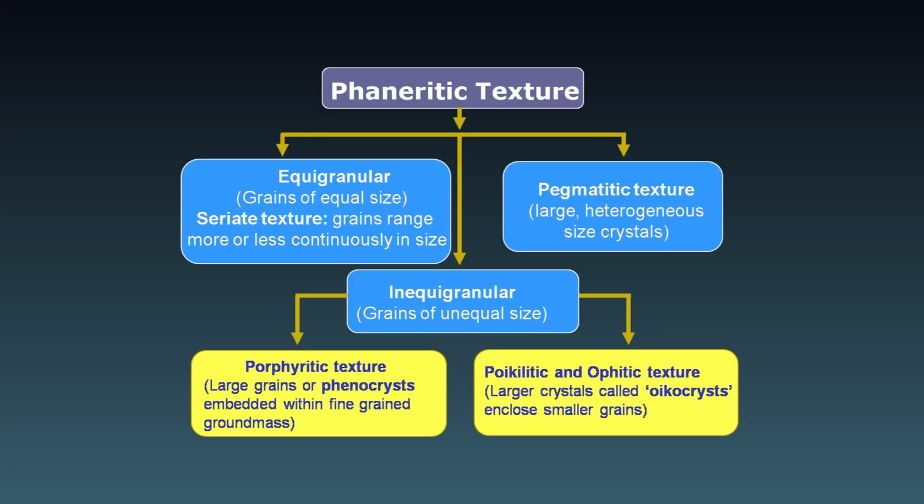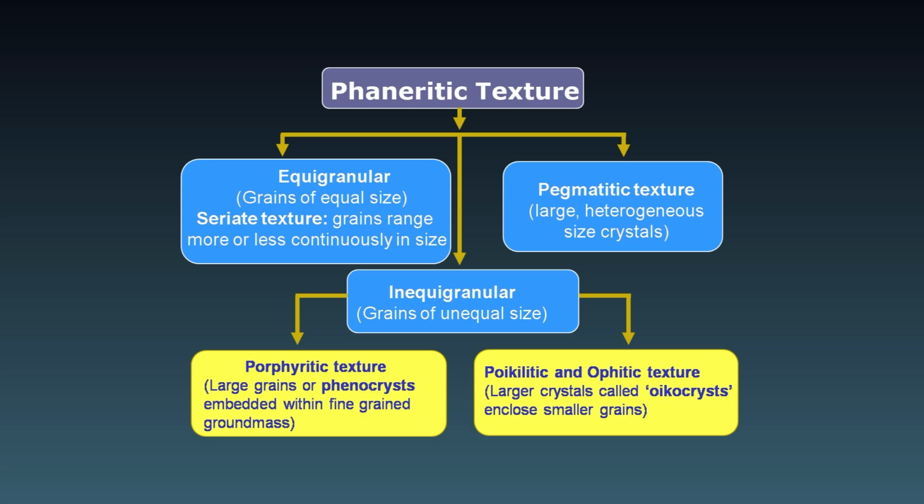Now, phaneritic texture is subdivided into three main categories: equigranular, inequigranular, and pegmatitic. In equigranular texture, grains of equal size are present. Seriate texture is where grain size ranges more or less continuously. Inequigranular texture has two basic categories: porphyritic texture, and poikilitic and ophitic textures.